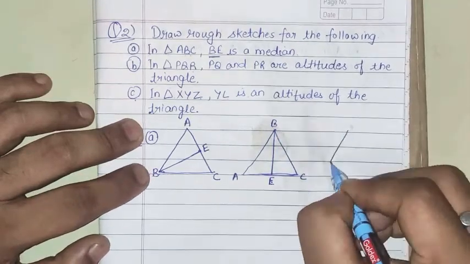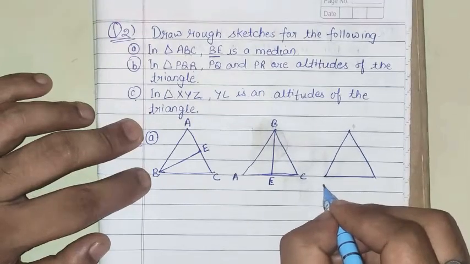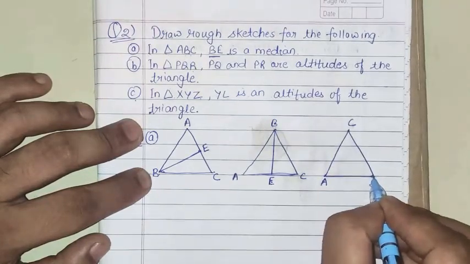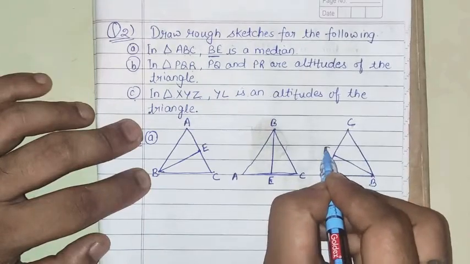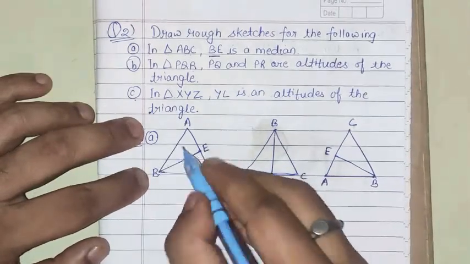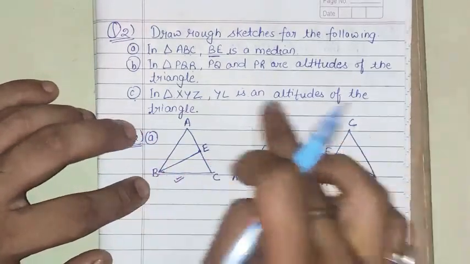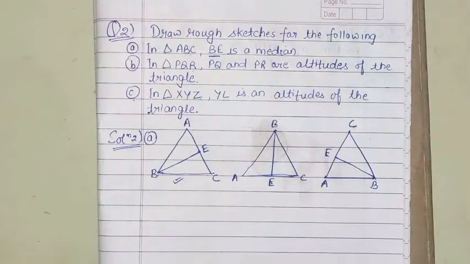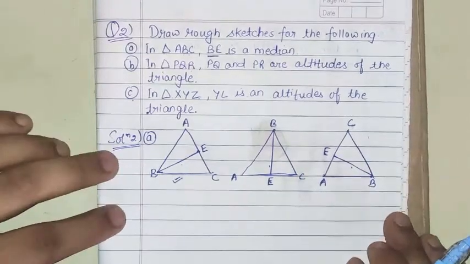Or you can make it in this way also: from the vertex to the midpoint of its opposite side, BE is also a median. It doesn't mean the other two are wrong. In all three ways we can get this answer, so whichever you made, first, second or third, your answer is correct.